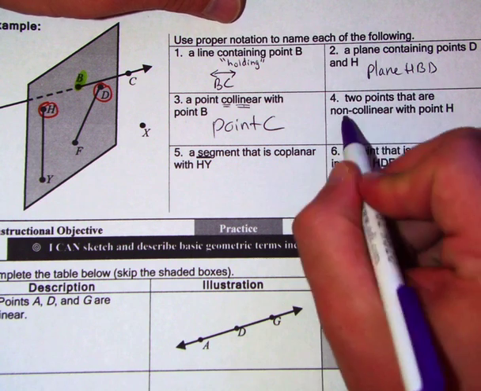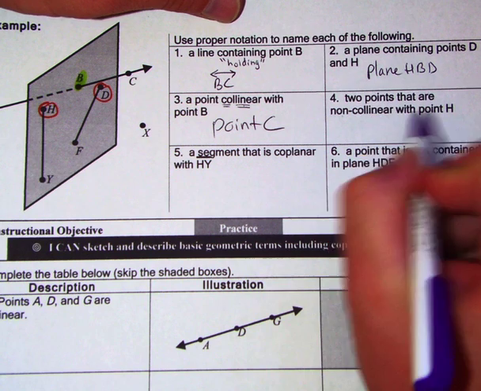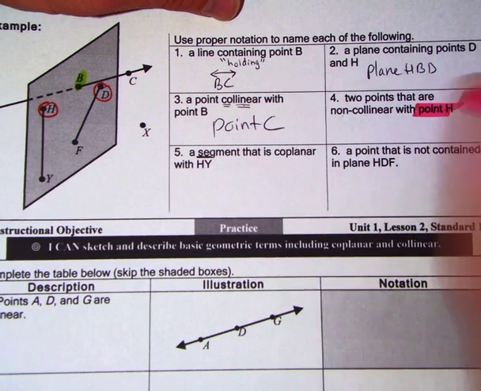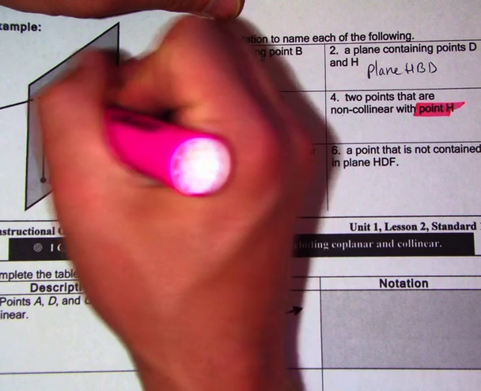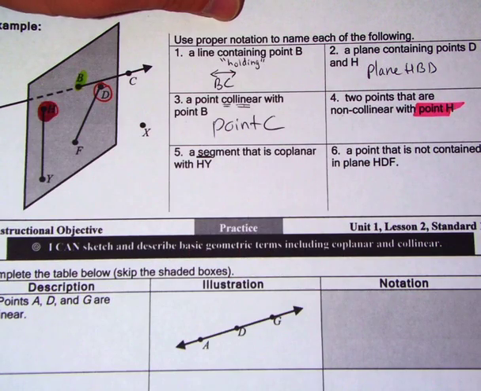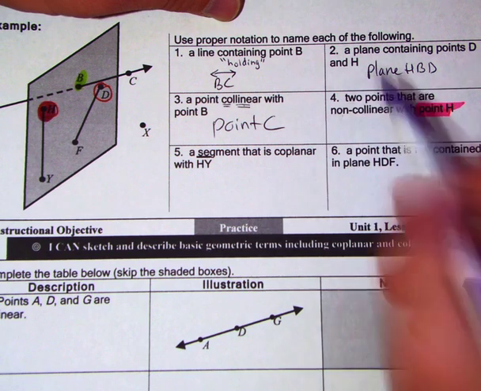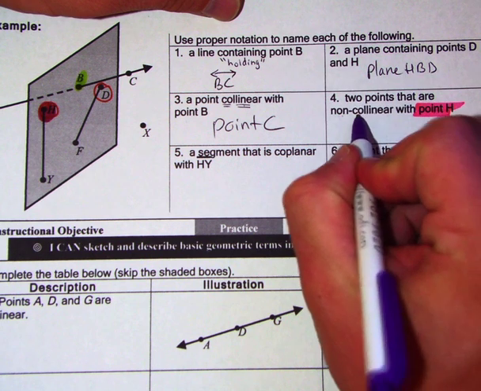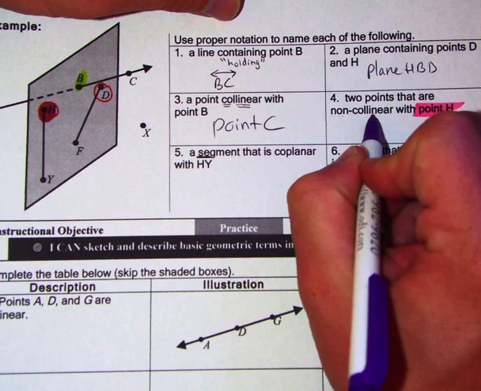Okay. So let's try the next one. 2 points that are non-collinear with point H. Well, let's go find point H. Point H happens to be right here. And are there 2 points that are non-collinear, not together on a line with point H?